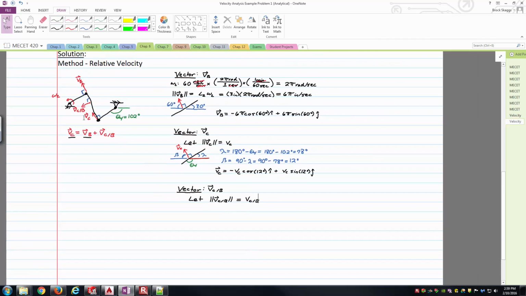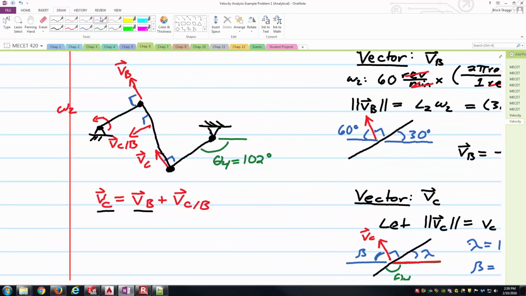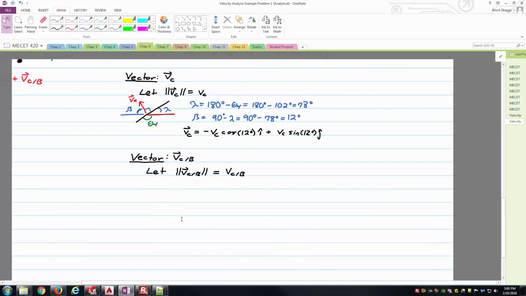And now we would need some information from the position analysis. Just like last time, I'll go ahead and just tell you an angle to kind of speed this up a little bit. Say this angle here, we'll call it theta 3. I know is 67 degrees from some previous position-related work. And so now we need to be able to determine the direction.